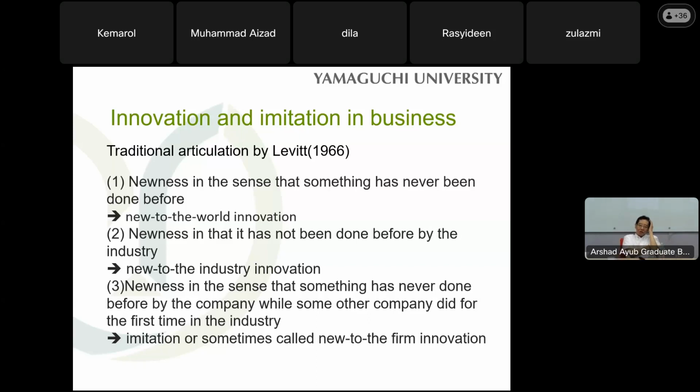This distinction was made by the very famous Theodore Levitt in 1966. He said, newness in the sense that something had never been done before is called new to the world innovation.